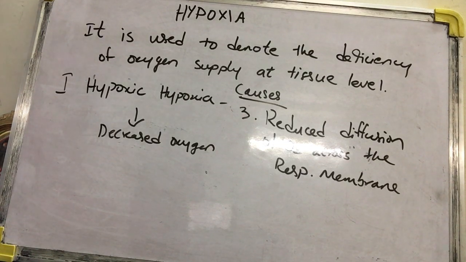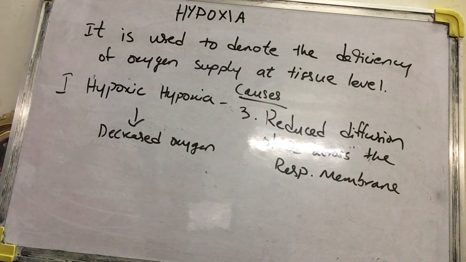If there is increased thickness of the respiratory membrane, as seen in pulmonary edema, there will be reduced diffusion. Another condition is a non-functioning membrane, as seen in fibrosis.